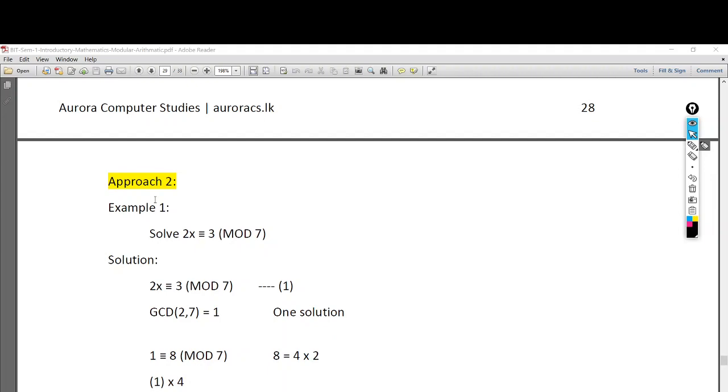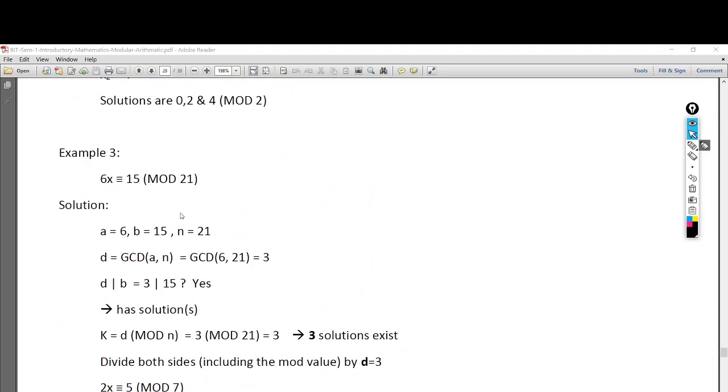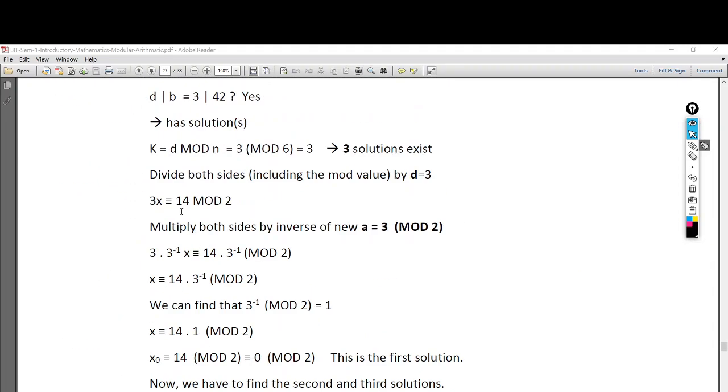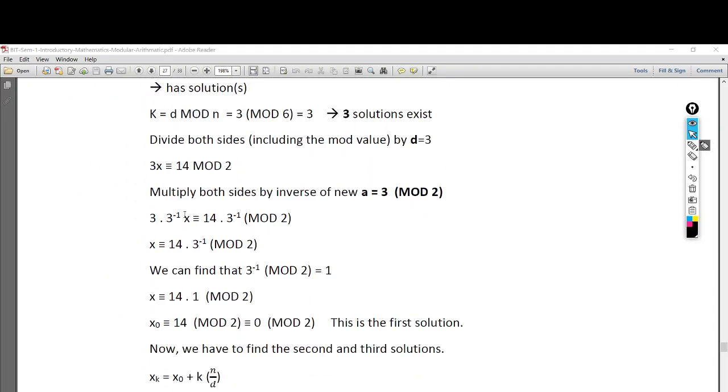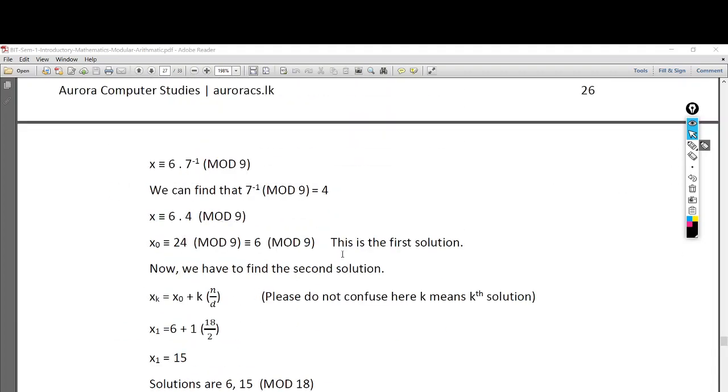So this is approach 2. This is to make it a little bit more practical or intuitive, because the previous one is more mechanical, right? I never explained why we want to divide by d and how this solution came. So these just came from the sky, right?